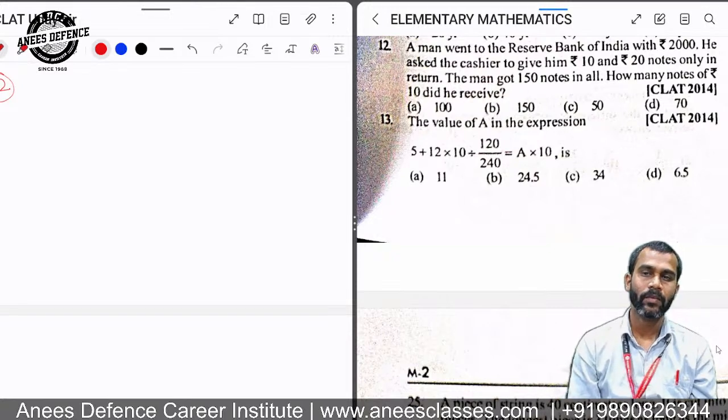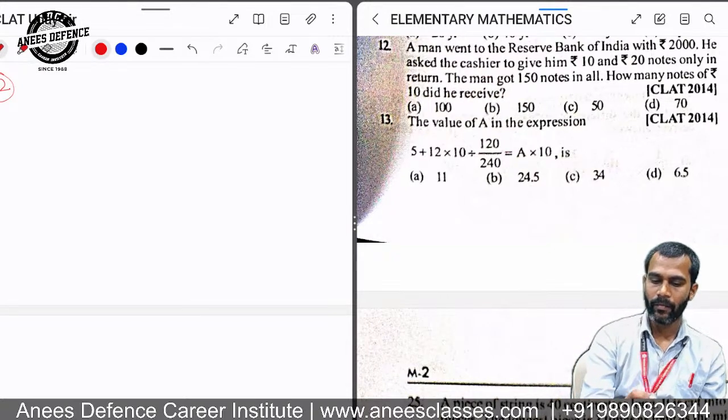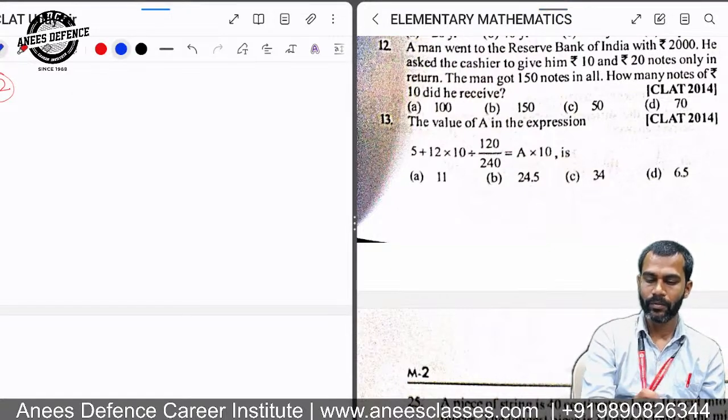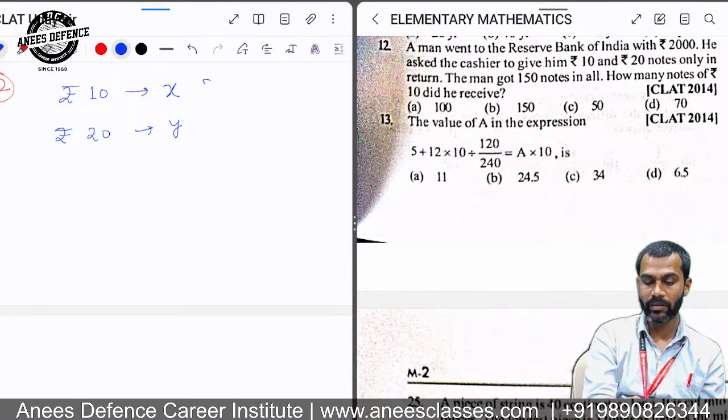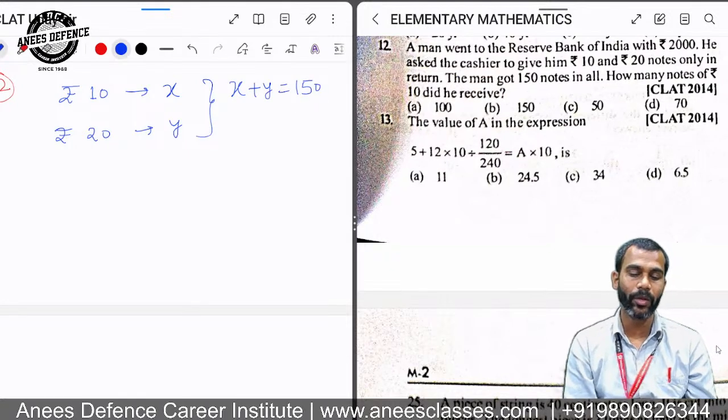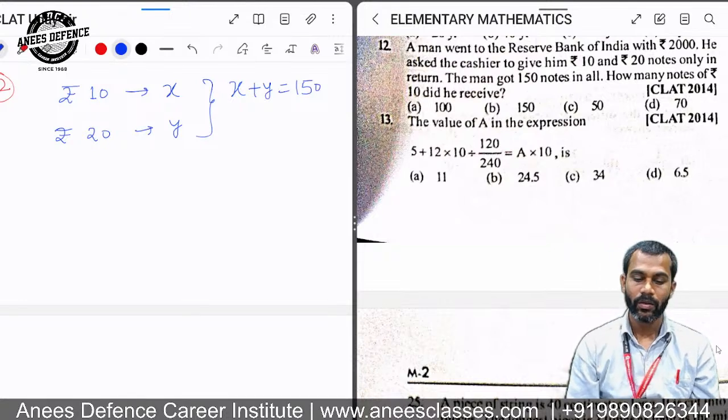See, let the number of notes of rupees 10 be x and the number of notes of rupees 20 be y. So can I say x plus y is equal to 150, as he received 150 notes?